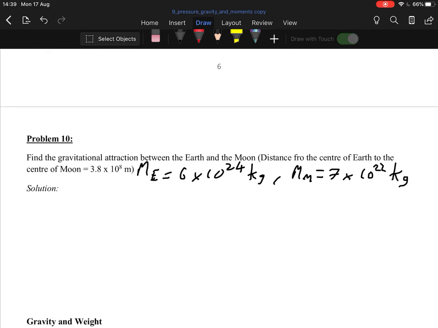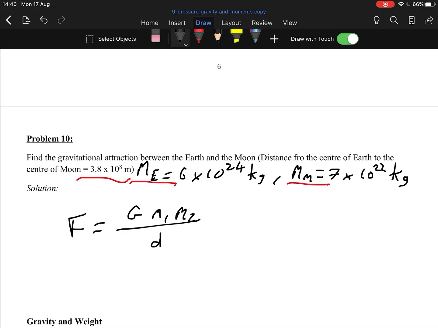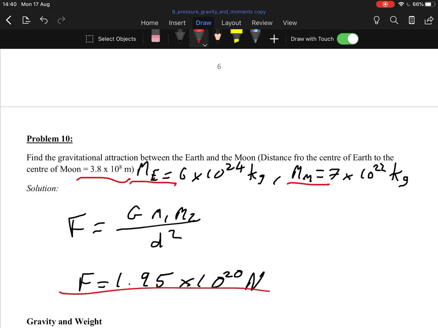Right, so again, we have distance given to us. We have mass of object 1, mass of object 2, and we know the gravitational constant. So F equals G M1 M2 over D squared. Fire in your values, guys, into the calculator, and you should get 1.95 by 10 to the 20 newtons.